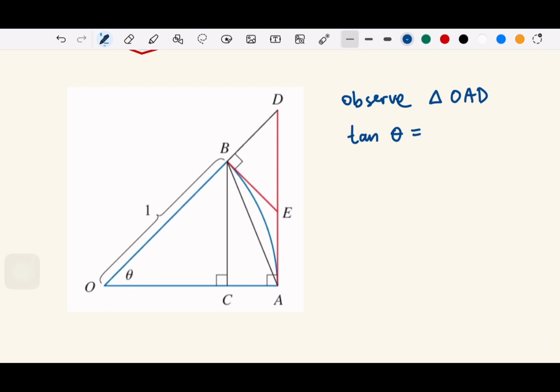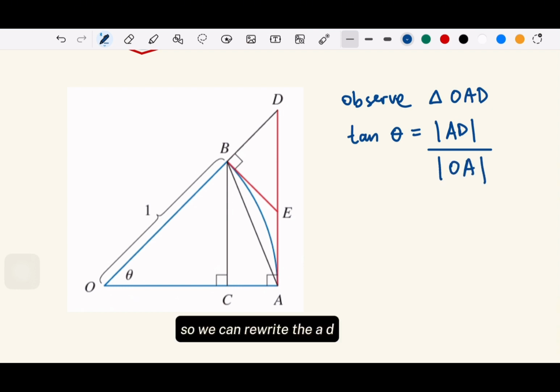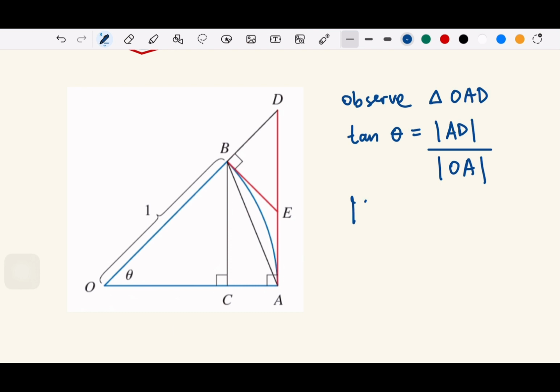Tangent theta is AD over OA, or AO. So we can rewrite the AD as OA tangent theta.